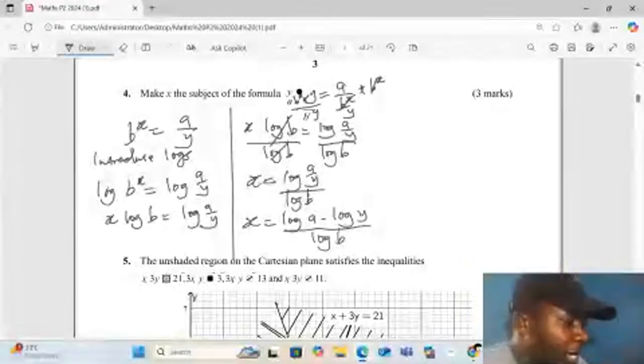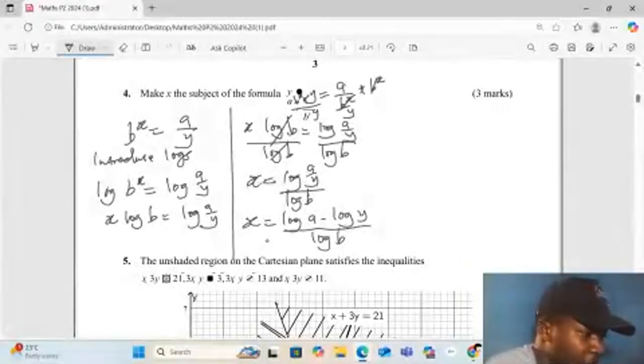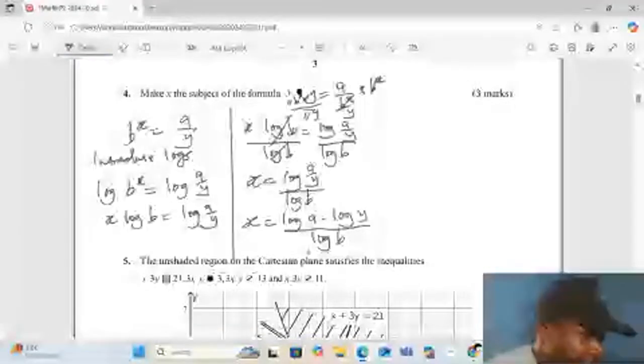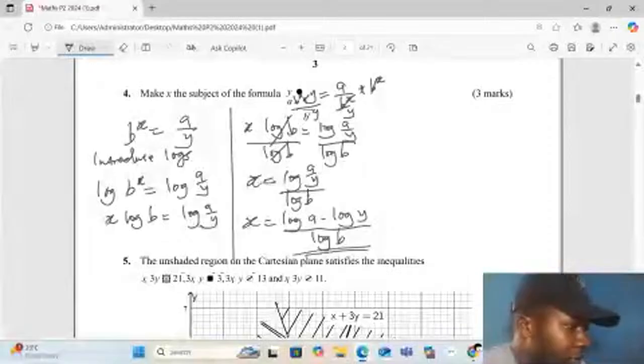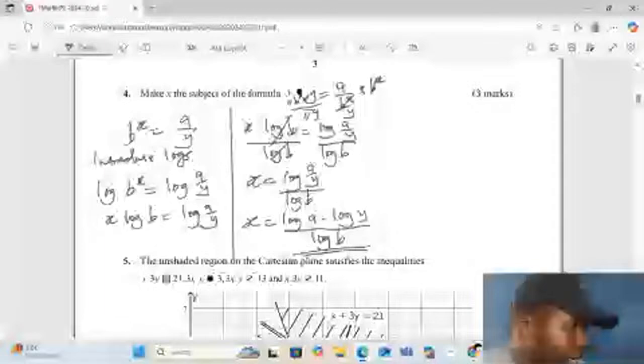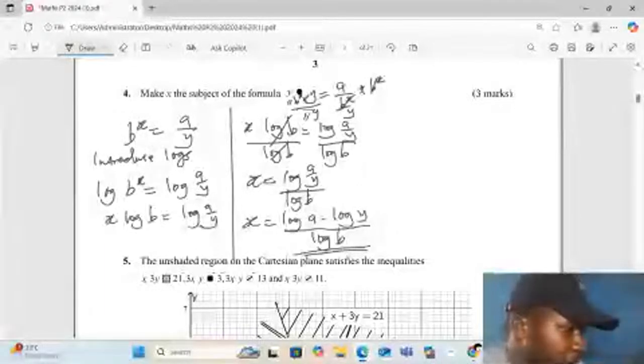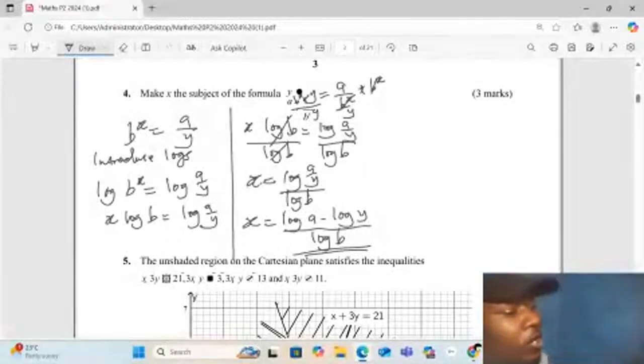So that we have our final answer to be what? Log a minus log y divided by log b. Okay, so that is how we find the value of x, and how we make x the subject of the formula. So x will be equal to log a minus log y divided by log b.